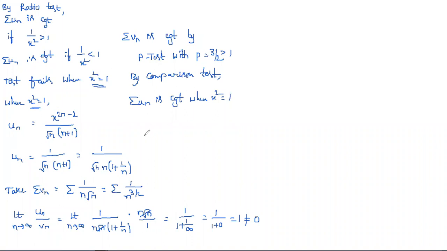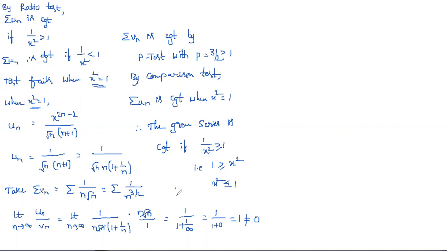And finally you need to write: therefore, the given series is convergent if 1 by x square is greater than or equal to 1, that is, 1 greater than or equal to x square, so x square is less than or equal to 1.